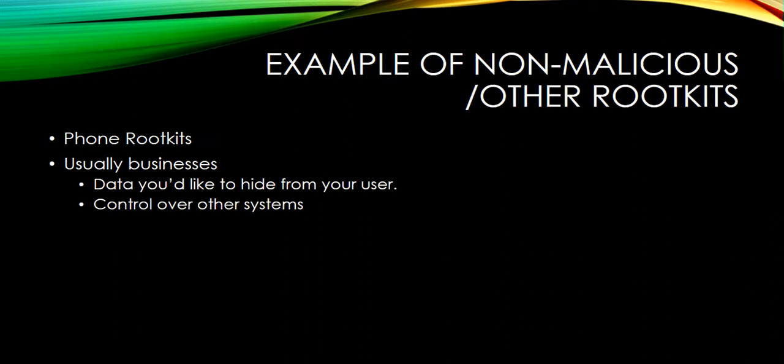Examples of non-malicious rootkits and other rootkits. In the book, it gave an example of Rutgers University downloading a rootkit onto a cell phone. The abilities they had were to track where the user was, block cell phone calls, kill the battery in case they wanted to make sure the person that needed help couldn't get help, intercept text messaging, and a lot of other things.